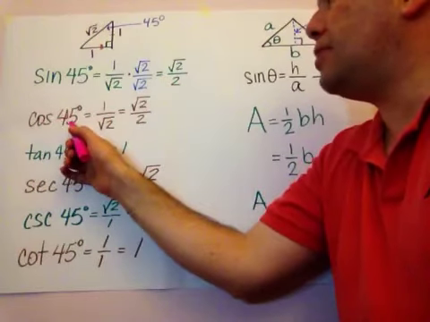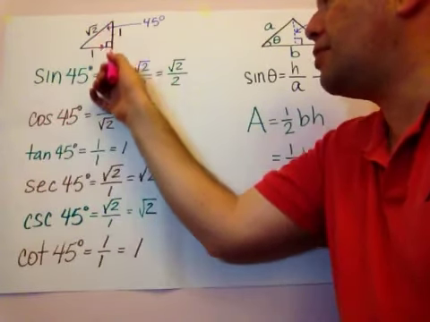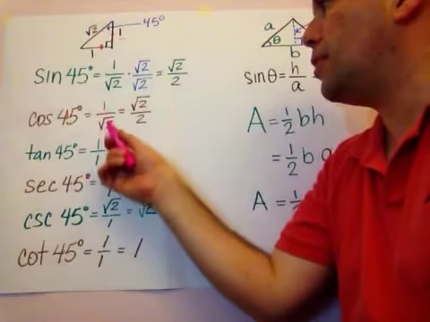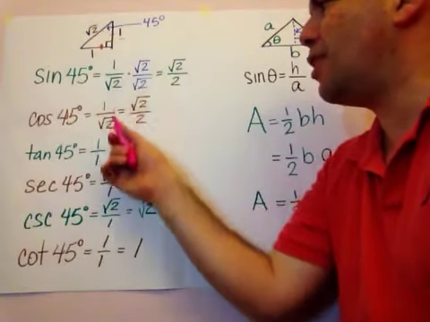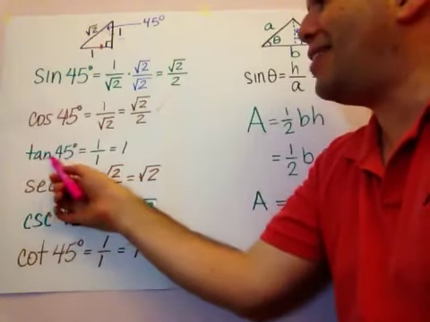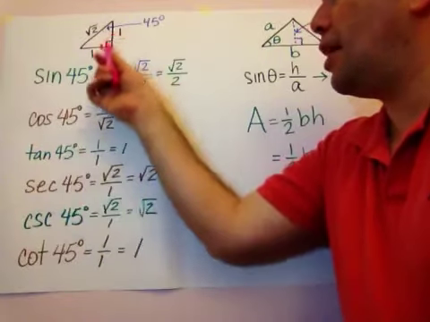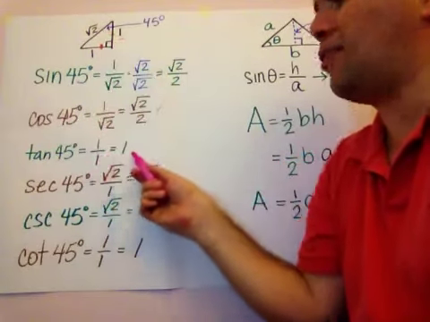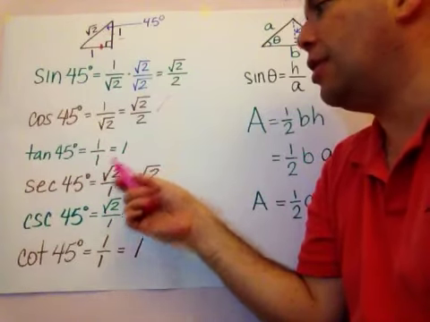Cosine of 45 degrees is the adjacent, which is 1, over the hypotenuse, square root of 2, which is the same as sine. So that's also square root of 2 over 2. Tangent of 45 degrees is opposite 1 over adjacent 1. So that's 1. That's a nice one.